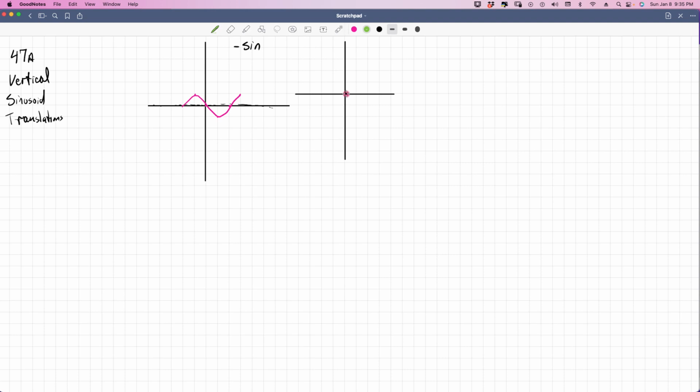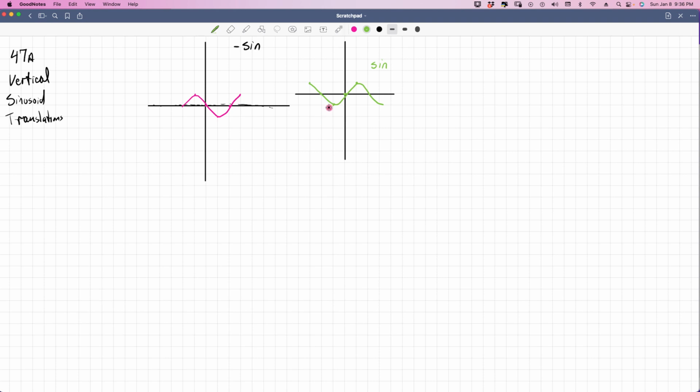It's going to cross at the origin, and this time it's going to go up. So if it crosses at the origin and then goes straight up, then it is a positive sine sinusoid. So those are your two different types of sine sinusoids.